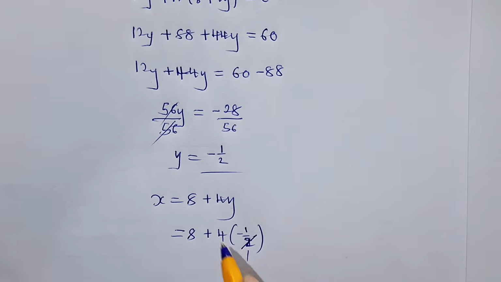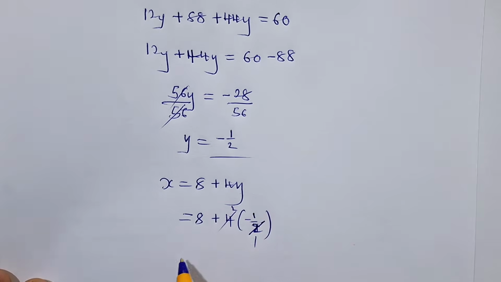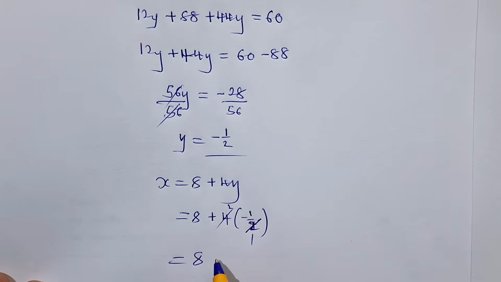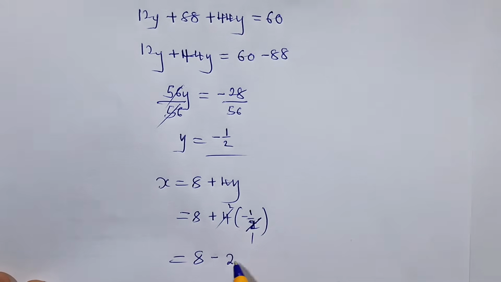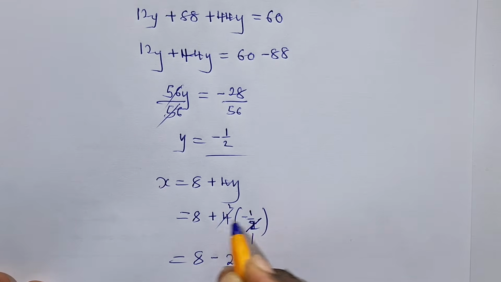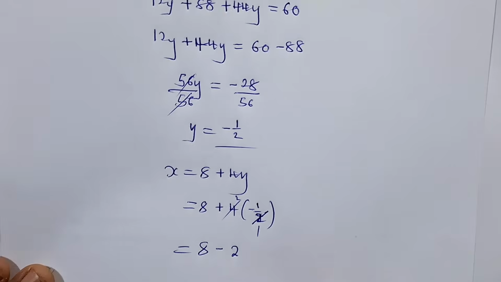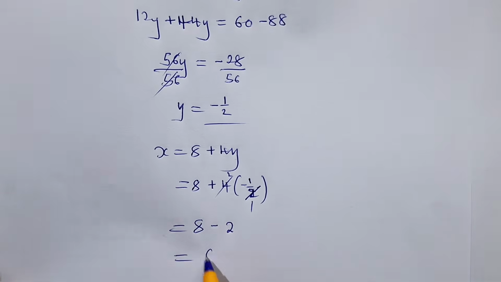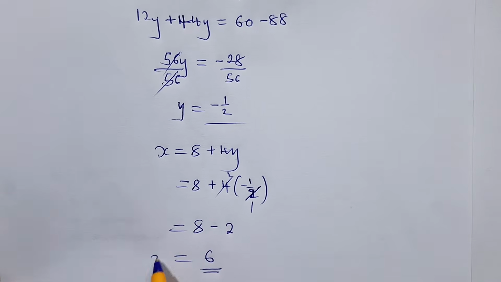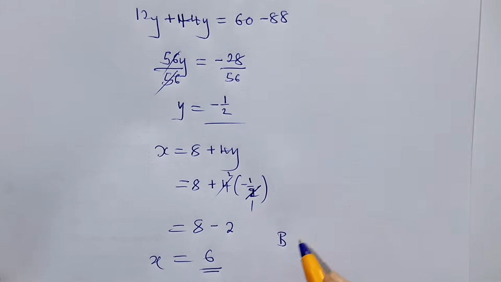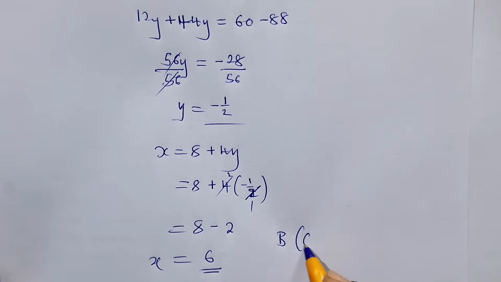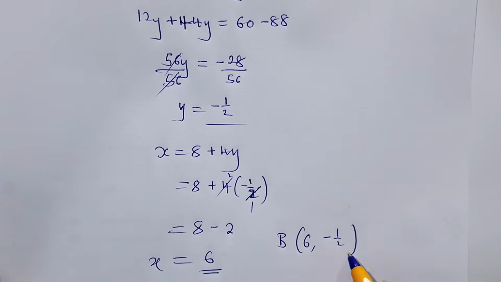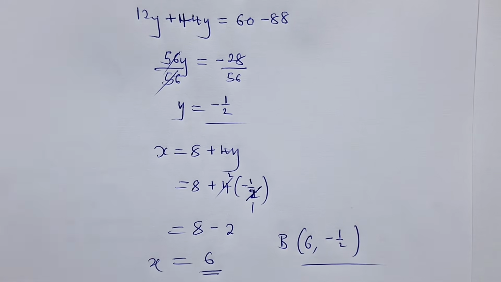So 2 into 2 is 1, into 4 is 2. We've got 8 minus 2, because the negative is what is changing this to minus. After this, we're getting 6 as the x value. So the coordinates at B are (6, negative 1 over 2).